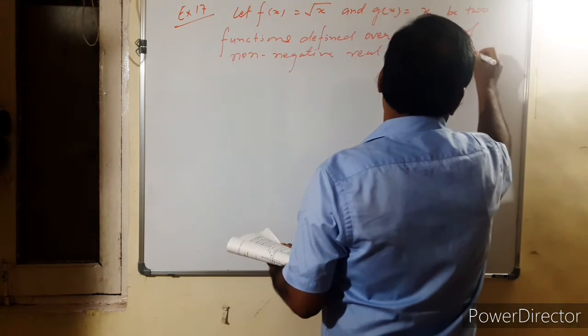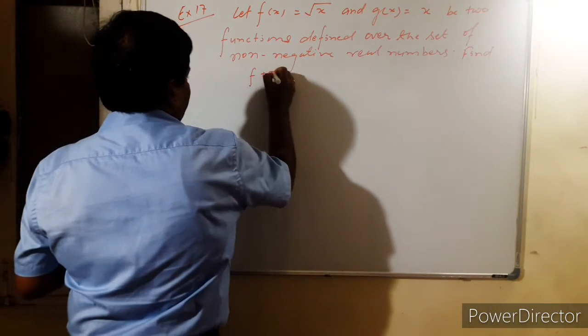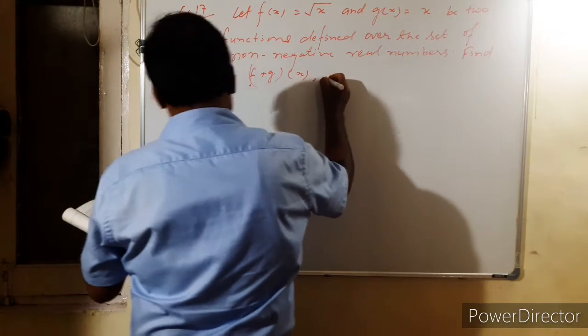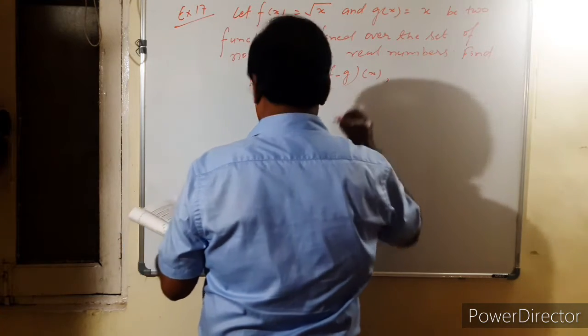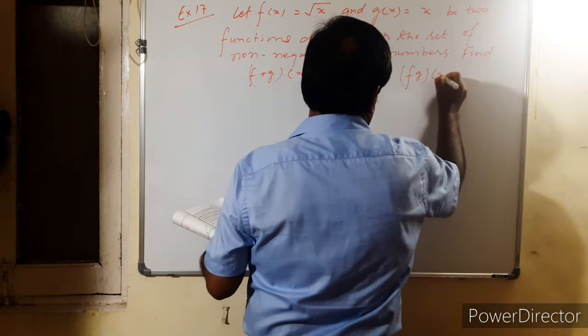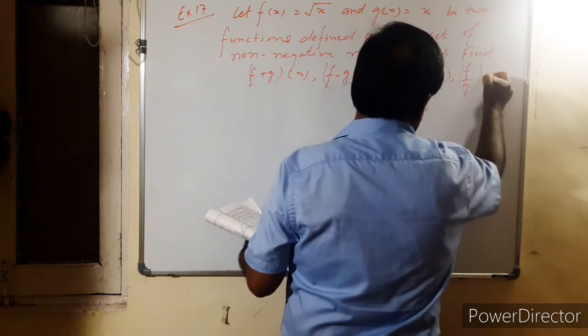Find (f plus g)(x), another one (f minus g)(x), next (fg)(x), and (f by g)(x).